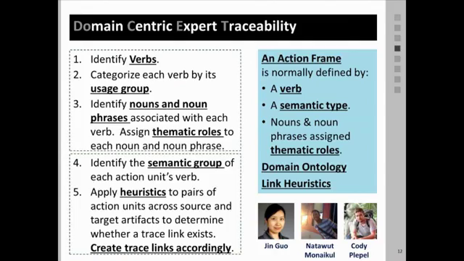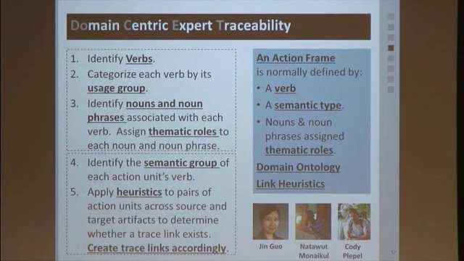I don't really have time to go into our whole process, but we basically built it around this notion of action frames, which I'm sure the NLP people are familiar with. We take the artifacts, we parse them, and we represent them in this intermediate structure. An action frame contains a verb, semantic type, and thematic roles.